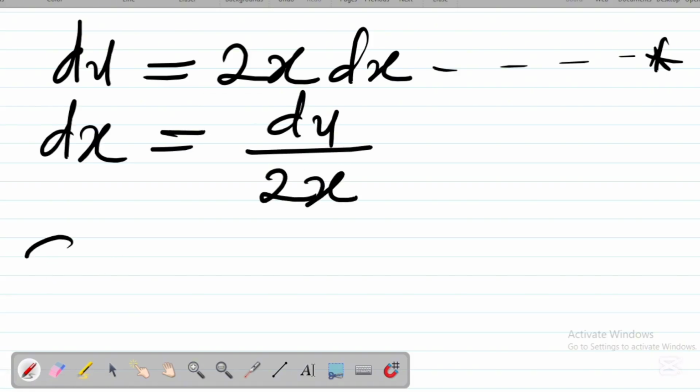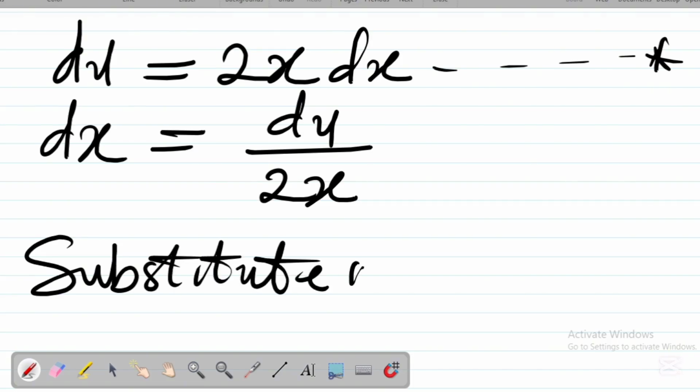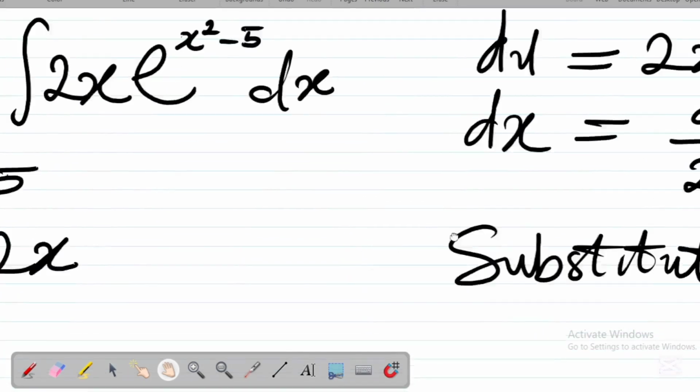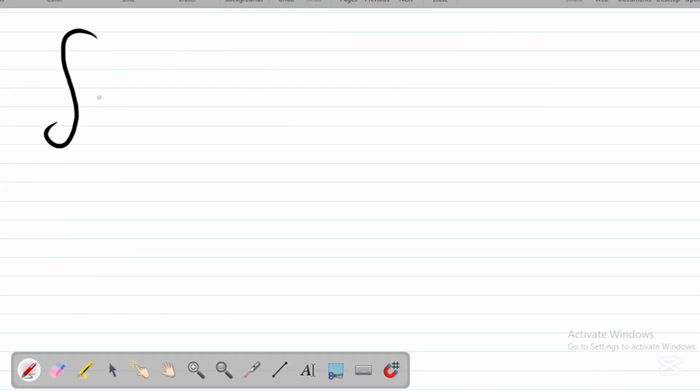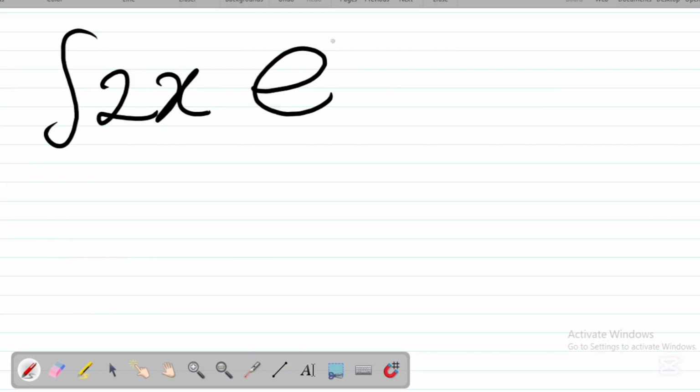Now our next task is to substitute into equation 1. Equation 1 here is 2x exponential x squared minus 5 dx.